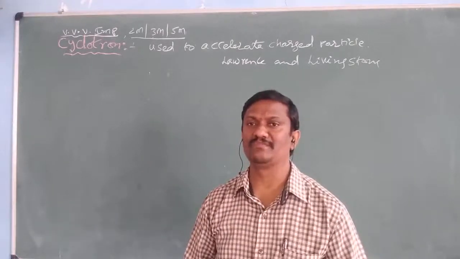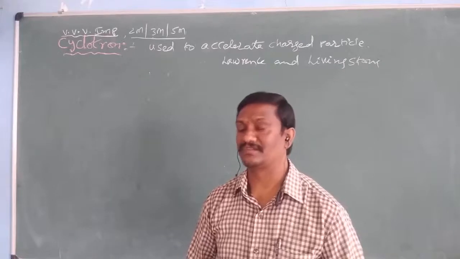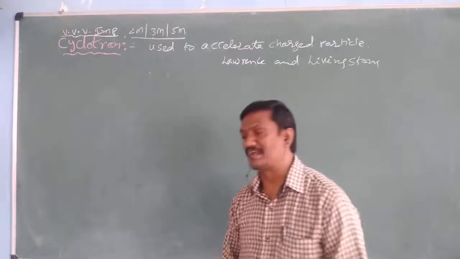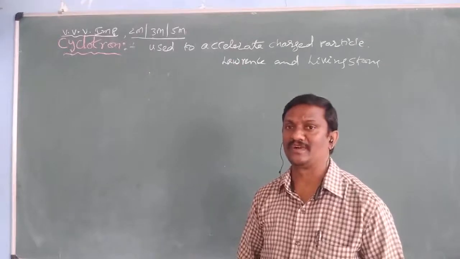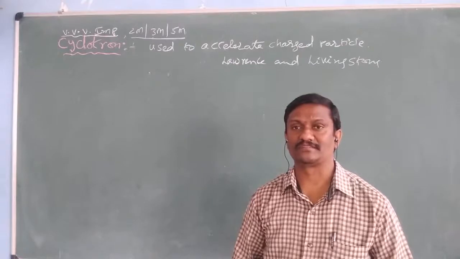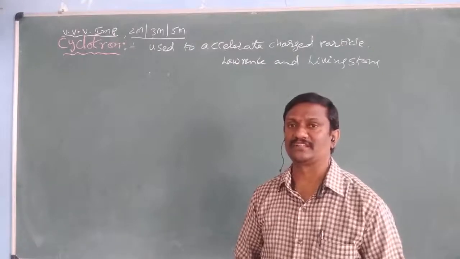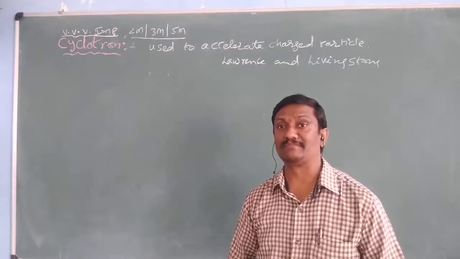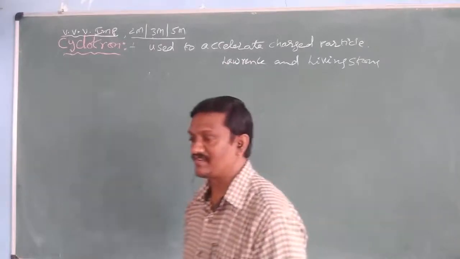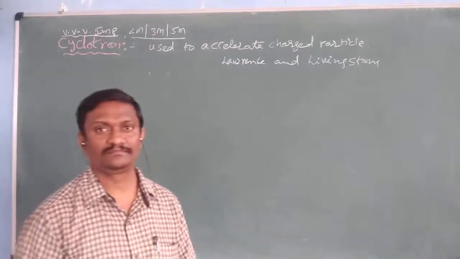So that is the main principle of a cyclotron. In the circular path, the required centripetal force is balanced by the magnetic force. So that is the principle of a cyclotron.